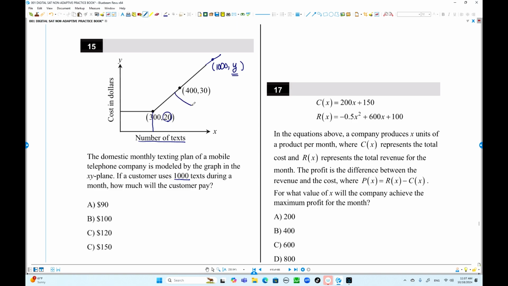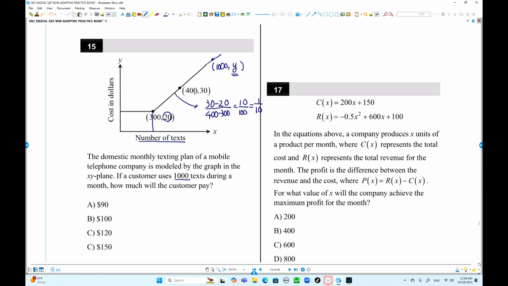Better find the equation of this line, right? How can you find this line? This is linear, so find the slope first. y2 minus y1, 20, over x2 minus x1, 300. That is 10 over 100, 1 over 10 is the slope.